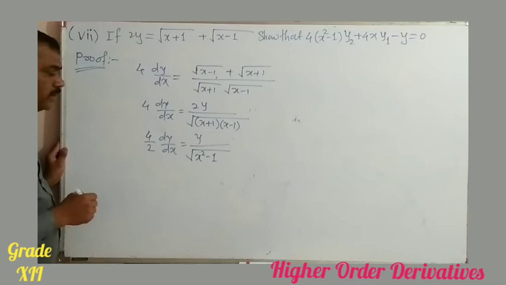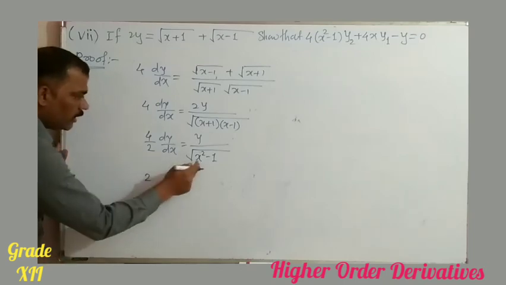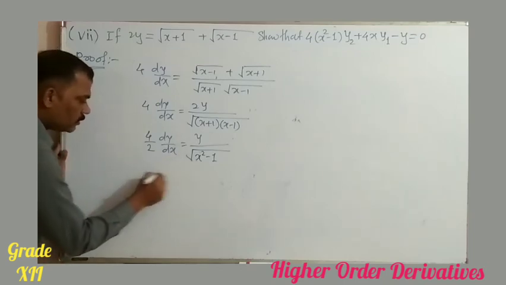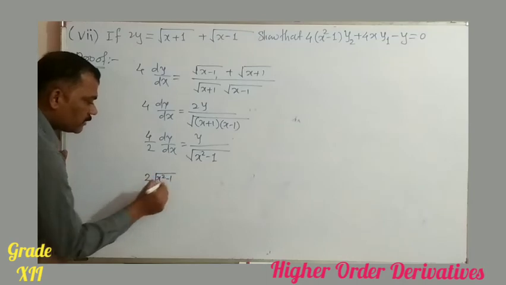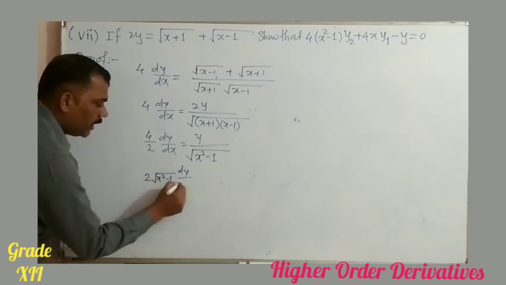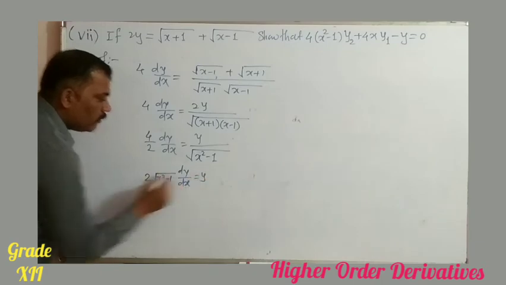4 divided by 2 is 2. We take this denominator to this side, so that is 2 times the square root of x square minus 1 into dy by dx is equal to y.